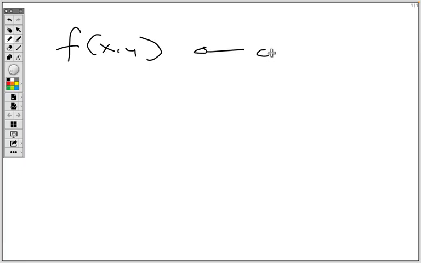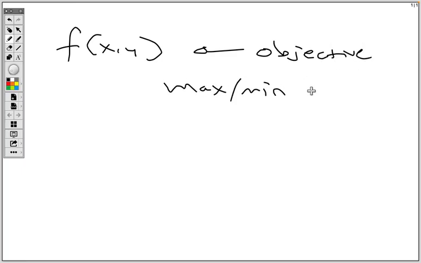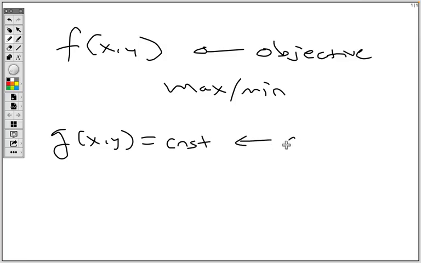We call it our objective function. And we're trying to find the maximum or minimum of this. And we've got a constraint curve. And we're trying to find the max or min subject to this constraint.